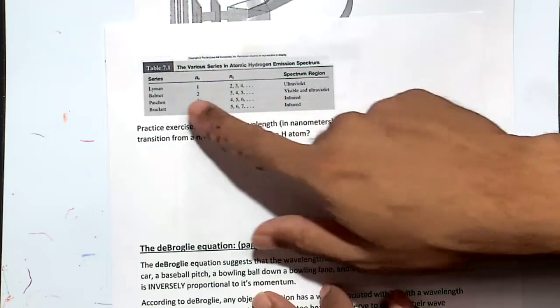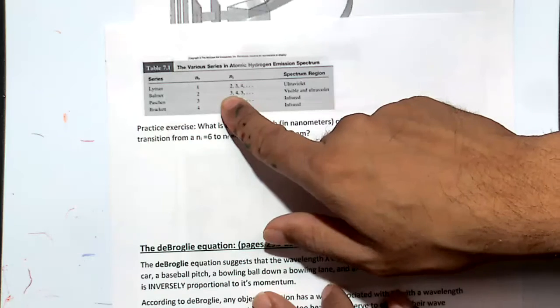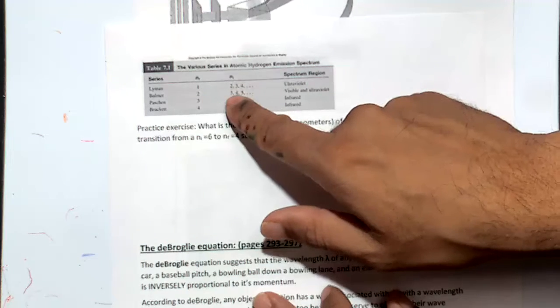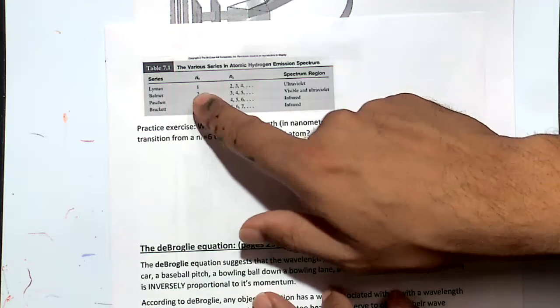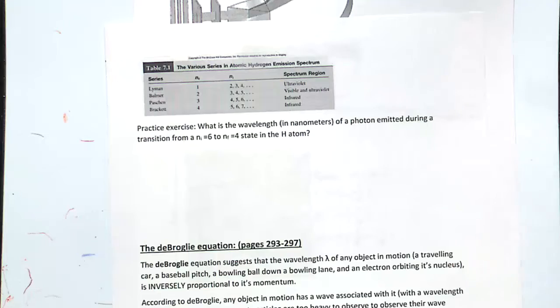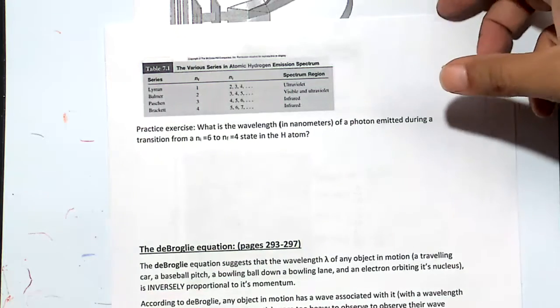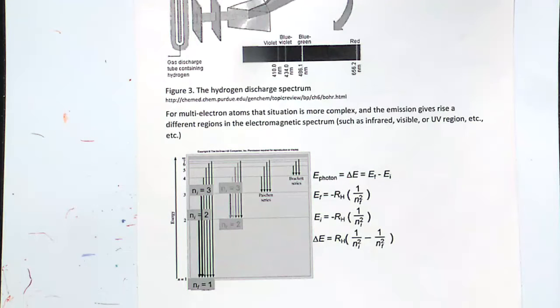Visible for the hydrogen atom, that's called the Balmer series. That's when you're going from n equals 3 to n equals 1, n equals 4 energy level to n equals 2 energy level, n equals 5 energy level to n equals 2 energy level. These are all different emissions as it relaxes back down.